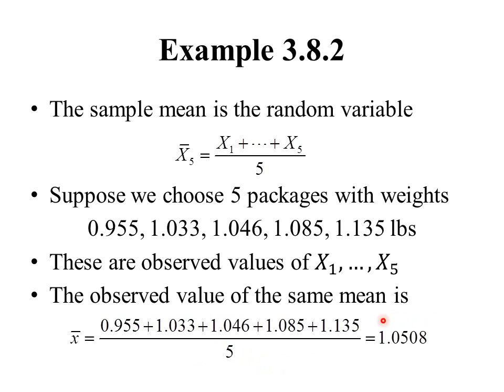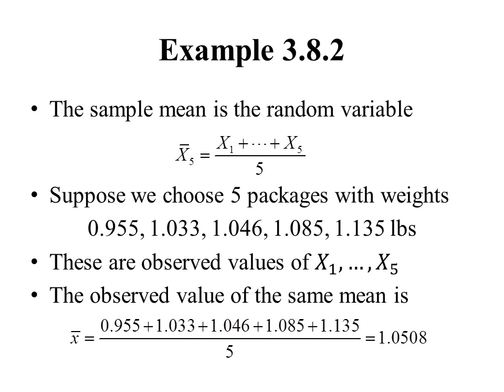We do that arithmetic and we get the number 1.0508. That is an observed value of this random variable x bar sub 5, and we're going to denote it with simply lowercase x bar, without the subscript 5. Lowercase x bar is an observed value of this random variable we call the sample mean.